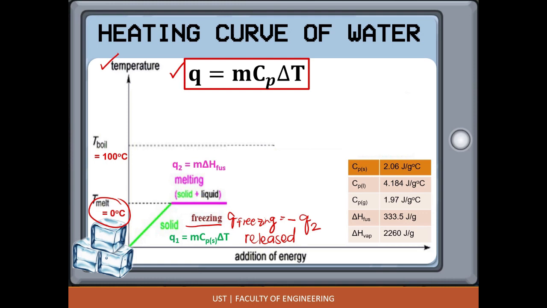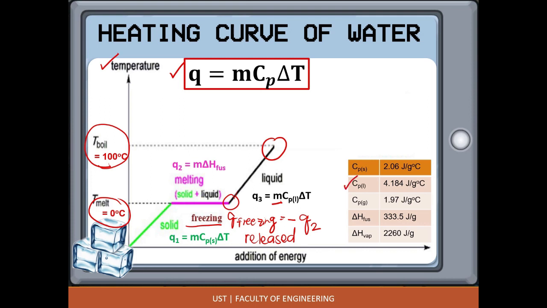Now that the water has melted, next is we need to increase its temperature to its boiling point, 100 degrees Celsius. The amount of heat needed, since there is a change in temperature from 0 to 100 degrees Celsius, is Q equals mCp delta T. Assuming the mass of the sample is the same all throughout the process, m is the same as the amount of the ice.